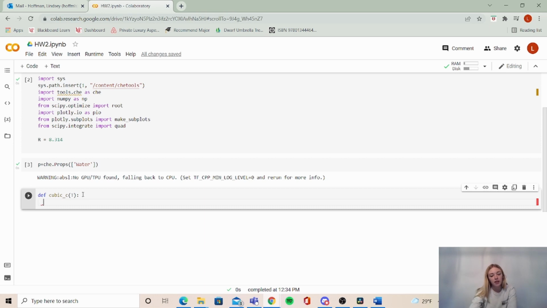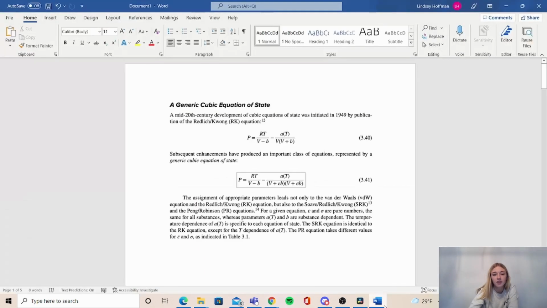So this is going to be useful in defining coefficients, especially A, because A is going to be dependent on temperature. If we come back to our cubic equation of state here, we see that A is dependent on temperature.